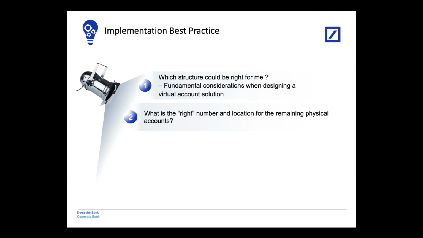So the answer really is there is no right number. It's the number that's appropriate to your situation.